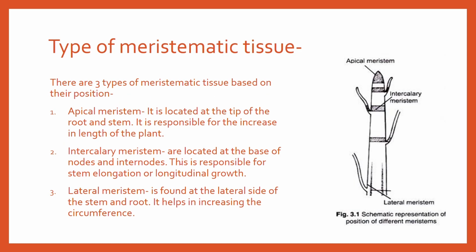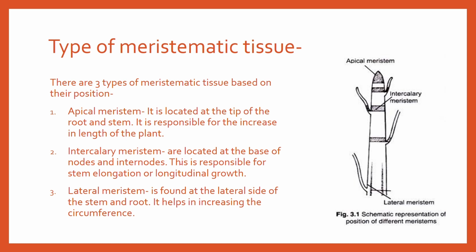Meristematic tissue is divided into three types on the basis of position, meaning on the basis of which part of the plant the meristematic tissue is present in. So there are three types of meristematic tissue: apical meristem, intercalary meristem, and lateral meristem. Apical meristem is the type which is present at the tip of the root and stem.